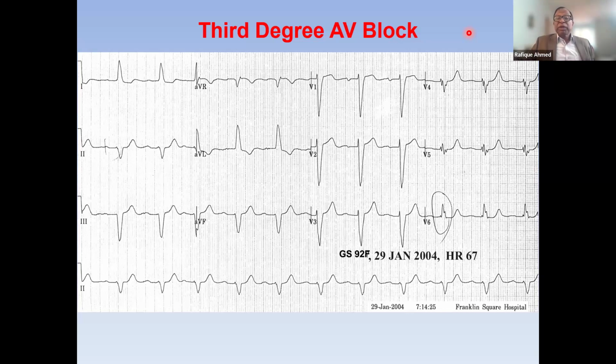Sometimes with left bundle, if we think it's a true syncope, somebody 86 years old, we tell them, look, we can do a few things. One, I can put a pacemaker in you. Second, I can do an EP study to look at the HV interval. Third, I can put a loop recorder in. And that will be for patients with syncope, not with dizziness. I'll just follow them clinically.